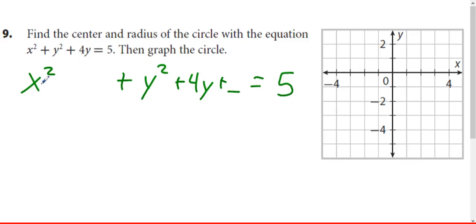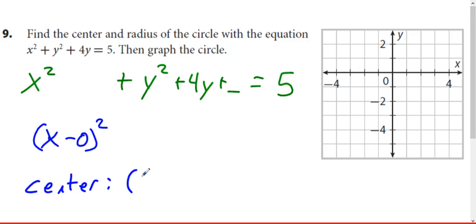It's already just x squared. You could think of it as x minus 0 squared if you want to. Which means that x coordinate for our center is just 0. There's no number with it, so it's just 0.